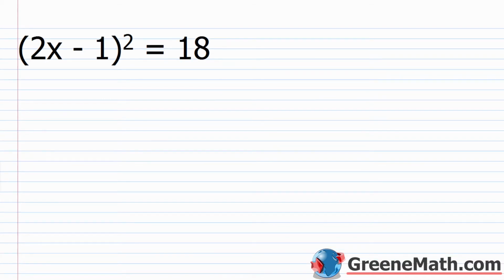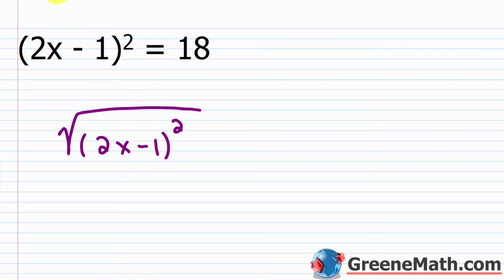All right, let's look at another one. So suppose we had the quantity 2x minus 1 squared is equal to 18. So same thing here. I'm going to take the square root of the left side, so the square root of this side, and again, we know that this 2 cancels with this 2. Then on the right, I've got to do the positive and negative square root of 18.